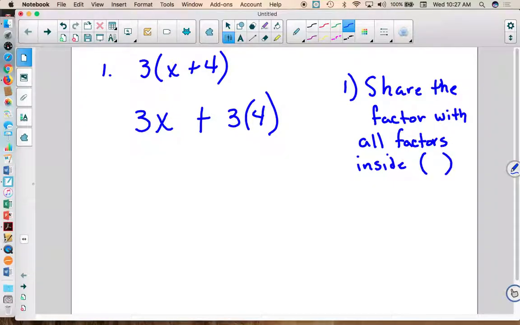Okay, step 1, that's what you do. You share the factor with all the factors inside the parentheses.